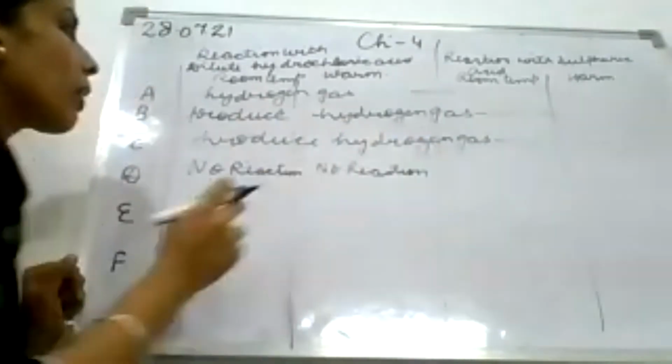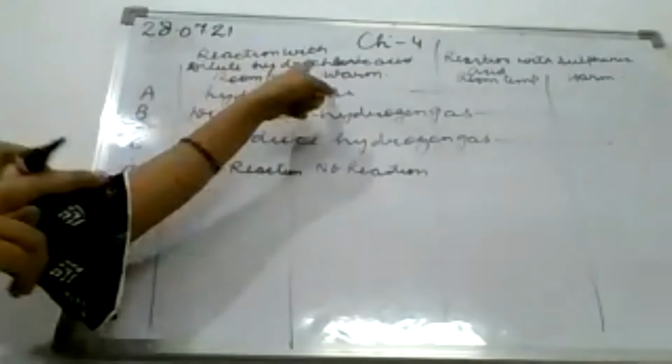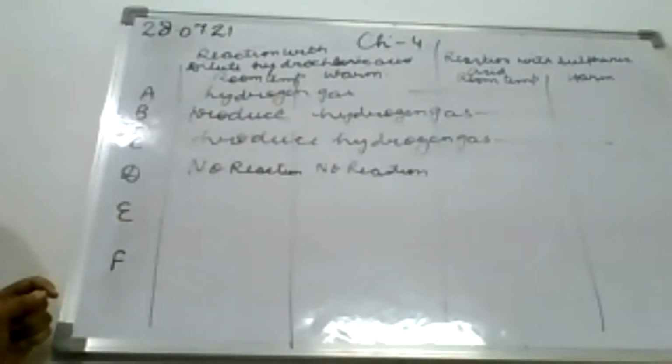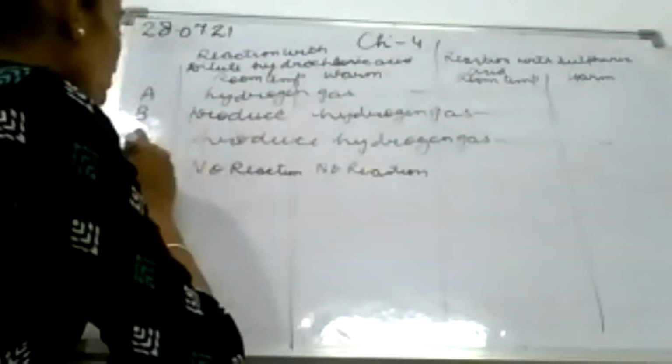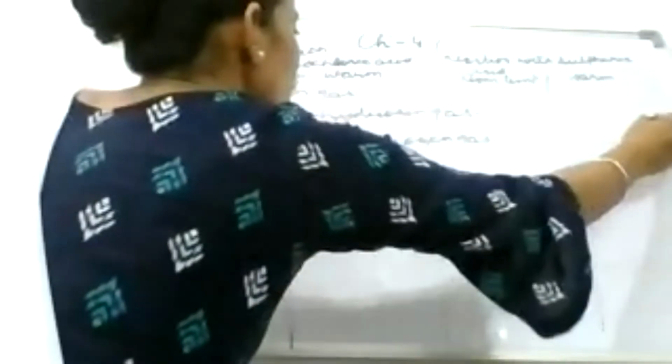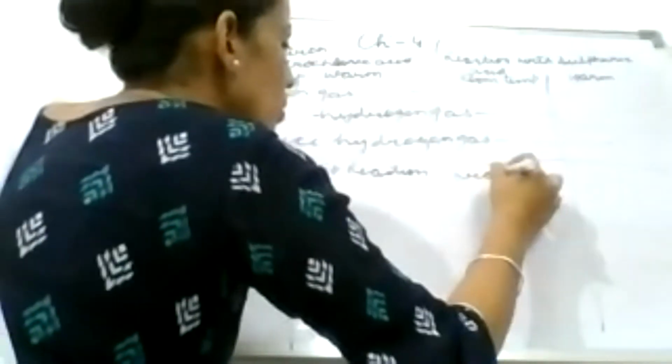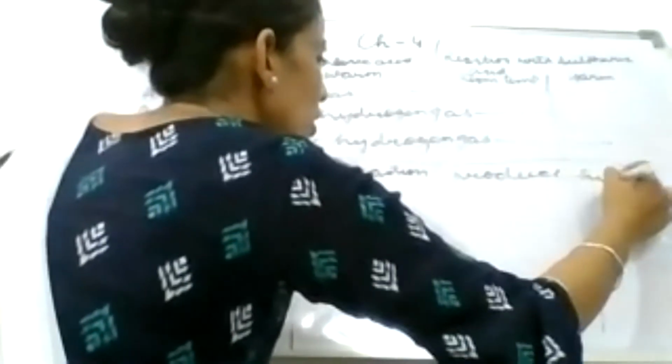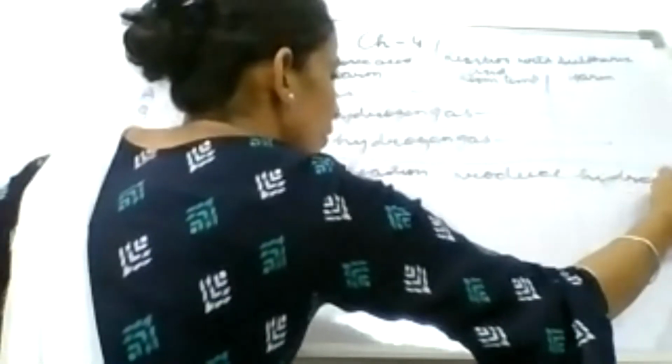Clear? Copper does not react with dilute hydrochloric acid. Okay, but it reacts with sulfuric acid. Clear? So you will write here produce hydrogen gas.